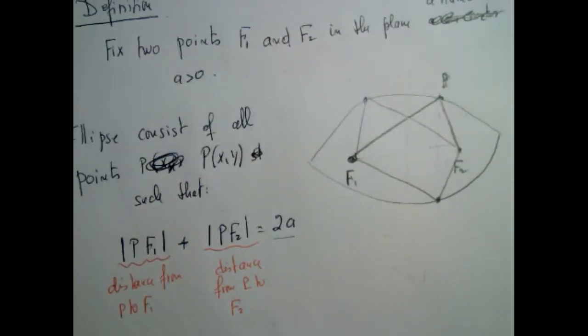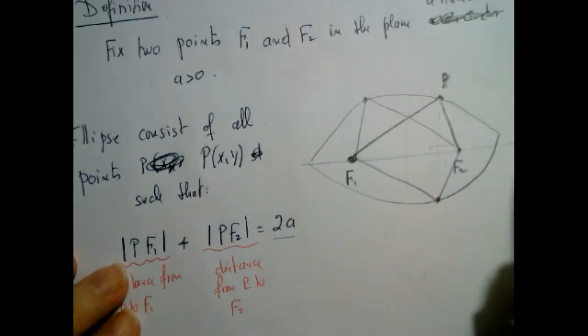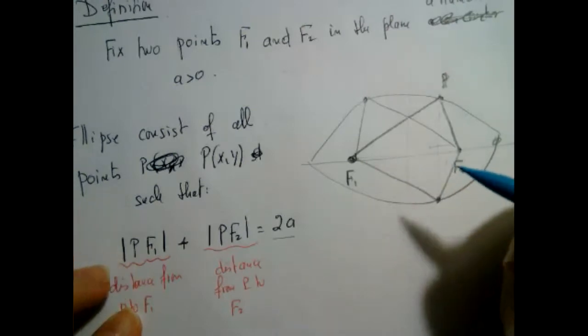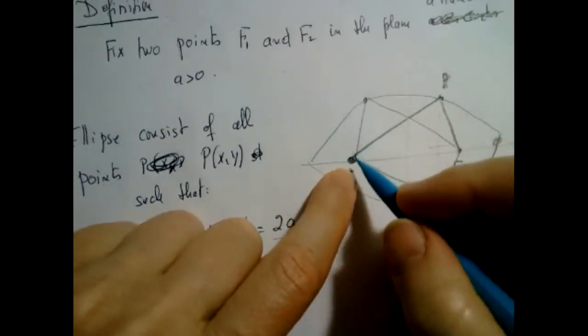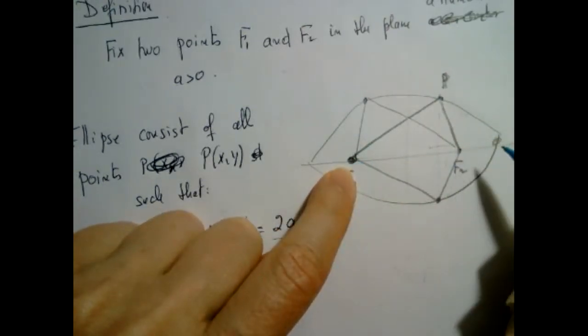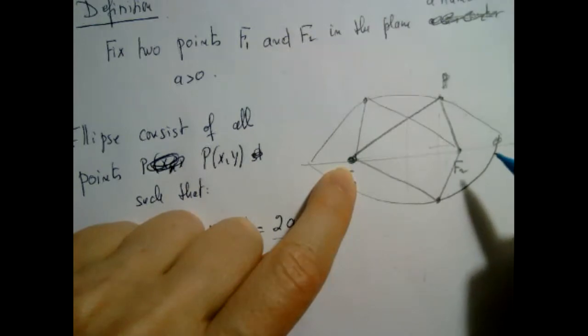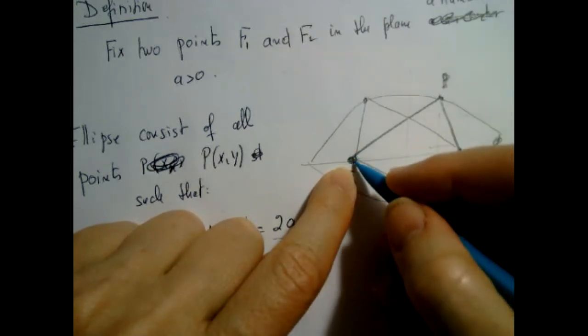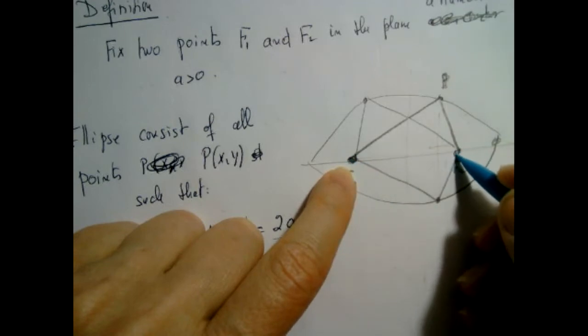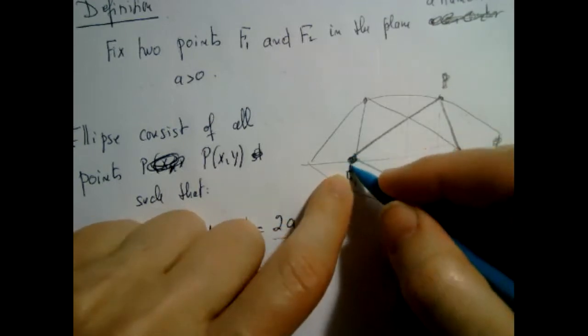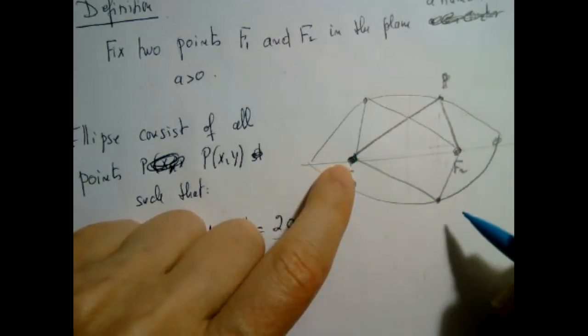Now, you can find on YouTube a lot of videos that show you how to construct an ellipse. But let me give you an idea how you can construct an ellipse very easily. Those points F1 and F2, we're going to give them a special name very soon called foci. Suppose you put a nail here and here. You have a piece of paper, you nail those 2 points down.